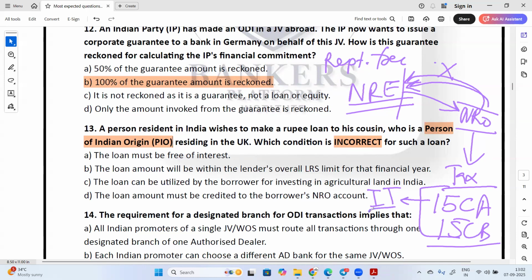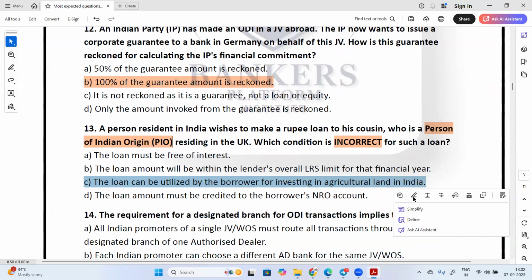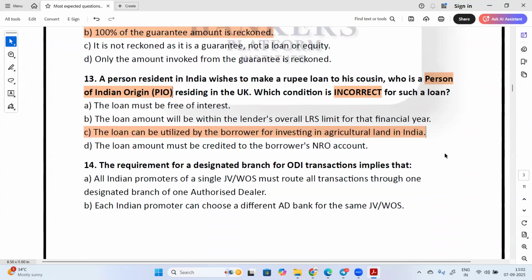And this declaration will be certified by the CA in Form 15CB. And with that, he has to provide the UDIN number also. Then this transaction will be done. So I hope this concept is clear. So C is the correct answer for the 13th question.